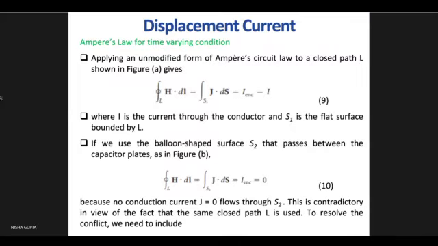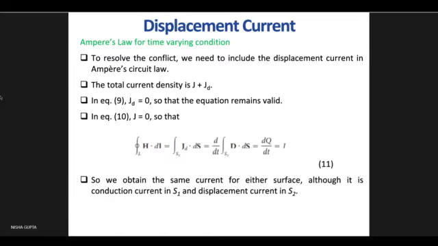To resolve this conflict, we need to include the displacement current in Ampere's circuital law. As I said in the beginning, when we were solving the mathematical equation where JD was not taken into account, we found that the divergence of the curl is equal to 0 and del dot J was becoming equal to 0. Only to resolve that conflict, we added the term JD. Here also the same thing is proved experimentally.